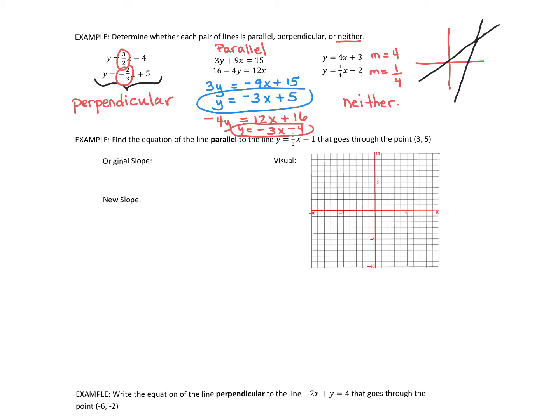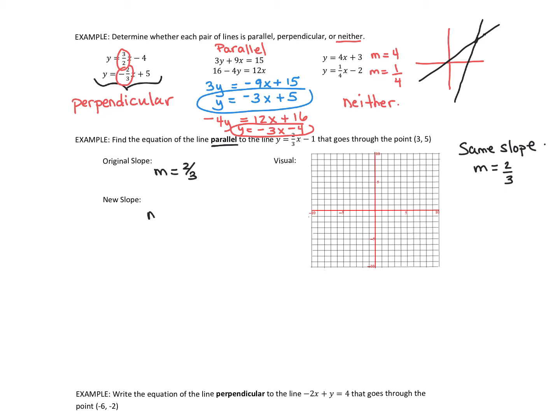The next example asks us to find a parallel line. Ooh, parallel means it's going to have the same slope. Parallel to 2/3 x minus 1. That has a slope of 2/3 that goes through the point 3, 5. So our original slope is 2/3.